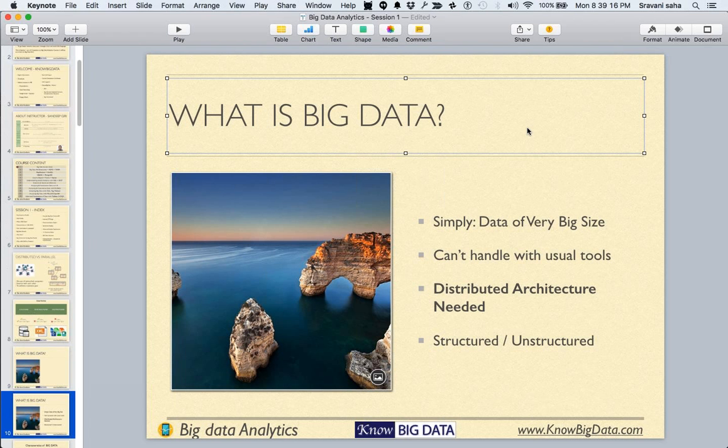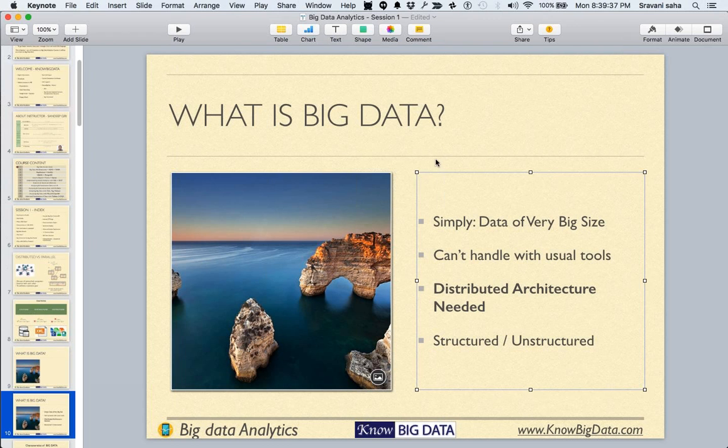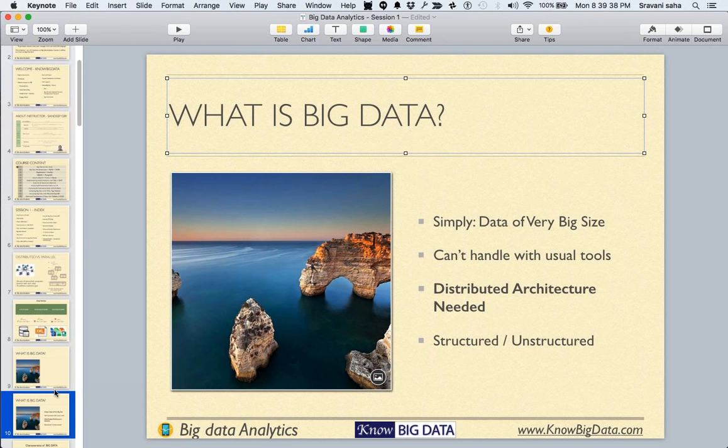But the most important part of the definition is, for handling big data, you will require distributed architecture. So that's probably the most important aspect of big data computing. All right.